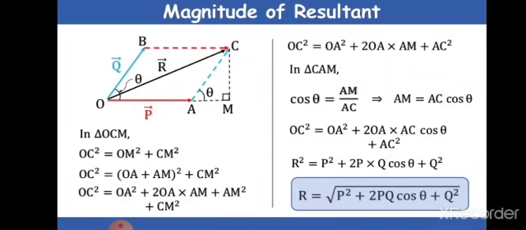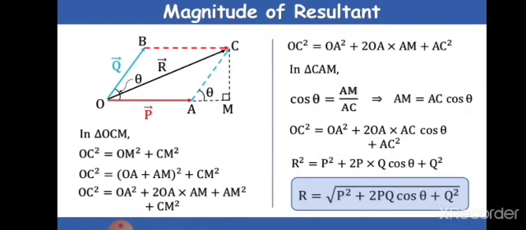So here OC square is equal to OA square plus 2 times OA into AM plus AM square plus CM square.